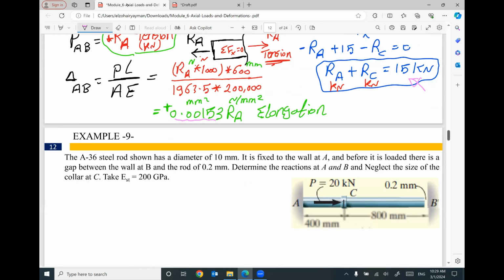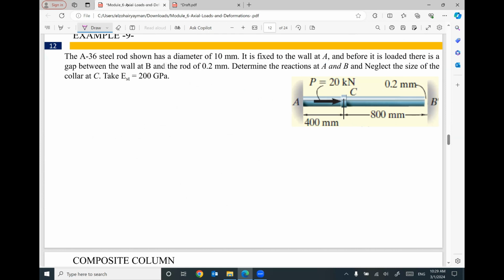We have one more example. Looks like the same example, but we have a little bit of change. We have a shaft under the effect of a force 20 kilonewton at this point C, and this shaft is only supported at A, and we have a gap of 0.2 millimeter between the end of the shaft and the second wall.